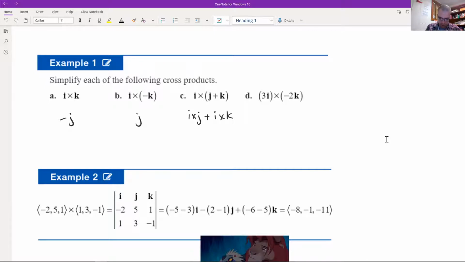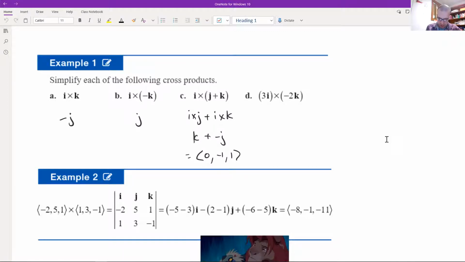I cross J is K, and I cross K is negative J. So this one ends up being the vector 0, negative 1, 1.